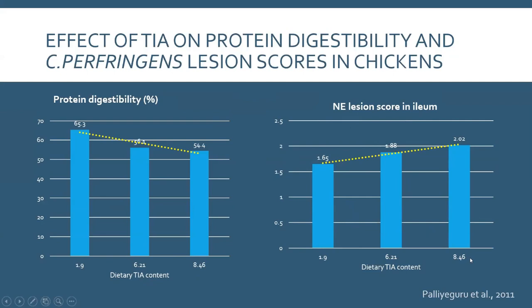With high levels of trypsin inhibitor in the feeds of the chickens, it causes high NE, or necrotic enteritis, lesion scores in the ileum. So we can see the deleterious effect of high levels of trypsin inhibitor on protein digestibility and gut health, which is represented by NE lesion scores in the ileum.